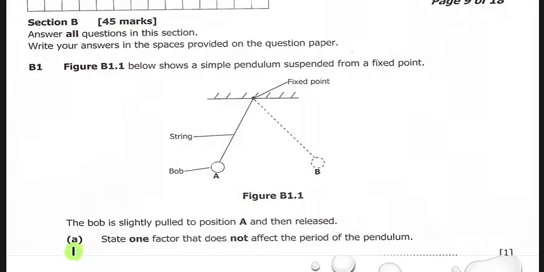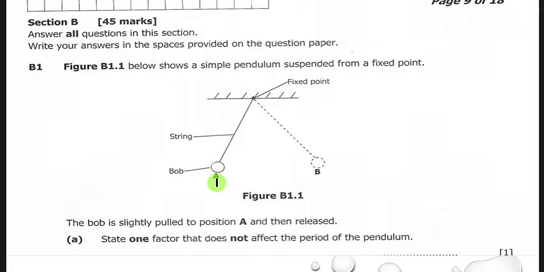Then they are saying, state one factor that does not affect the period of the pendulum. So this period of the pendulum has been studied, and it has been found that there are things that do not affect the period. So what is the period of the pendulum? This is the time taken to make one complete oscillation.